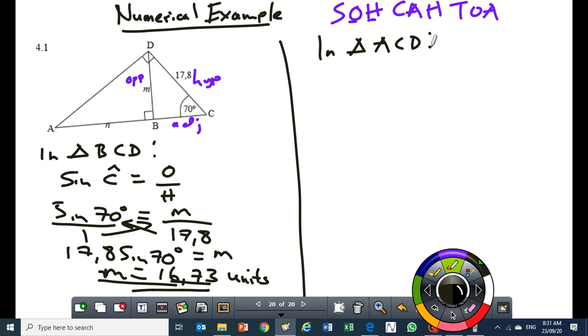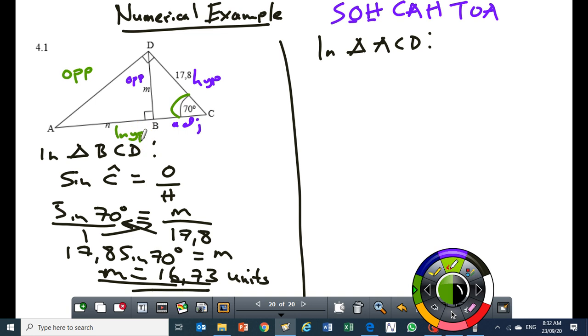Make sure you pay attention carefully. Let me use that color. It doesn't want to be chosen. So I'll try that one. Okay, in triangle ACD, this is going to be my reference angle, so that will be the opposite side. Okay, remember, angle D is 90. So this becomes the hypotenuse.